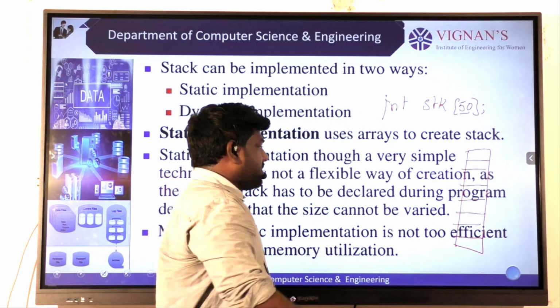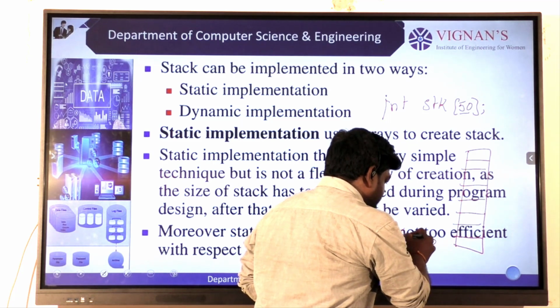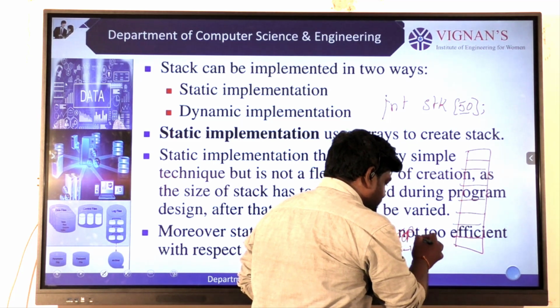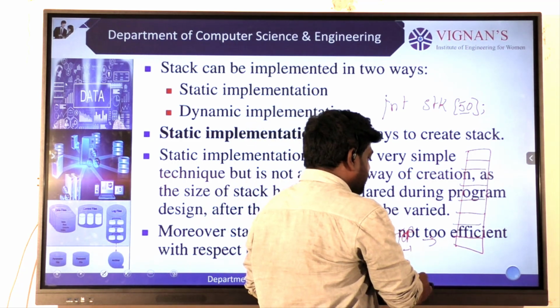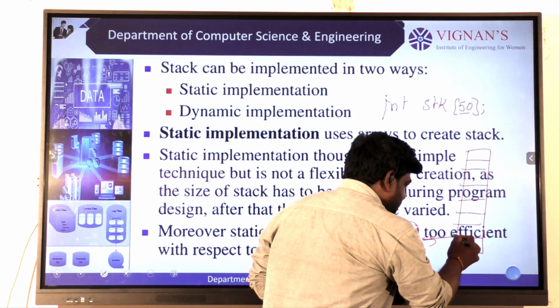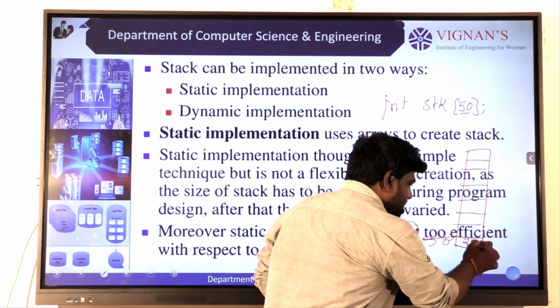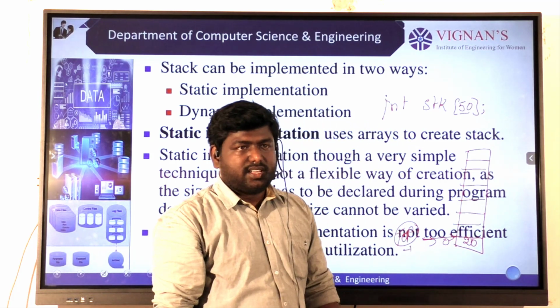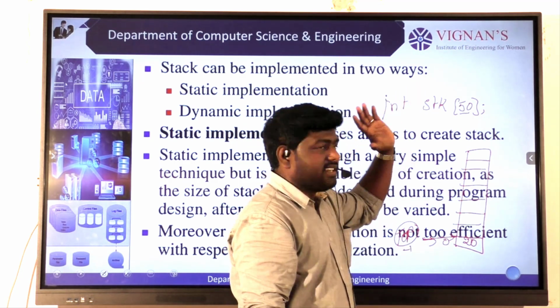Okay, so here we create one variable called top, initially -1, so the stack is empty. When I'm trying to insert a new element into the stack, we have to increment the top first, so that the top will be pointing to the 0th index, then we are able to insert a new element into the stack. In this way, we can insert elements from the bottom to the top.